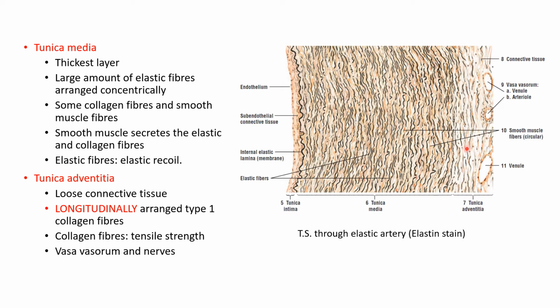Apart from the collagen fibers, there are also fibroblasts, macrophages, and some adipose cells in this layer, along with the vasa vasorum that you can see here, the venules and the arterioles that supply nutrition to the vessel wall, and also the nervi vasorum, that is the nerves of this blood vessel. The nerves are basically sympathetic nerve fibers that secrete norepinephrine and therefore are vasoconstrictor in nature.